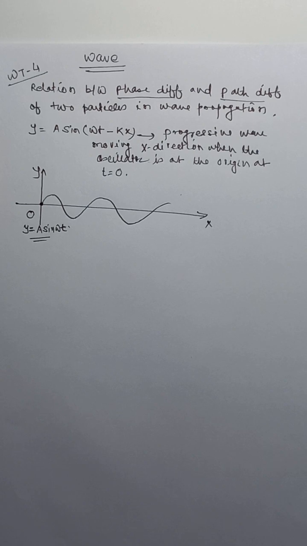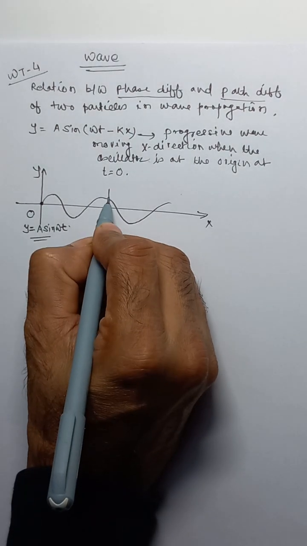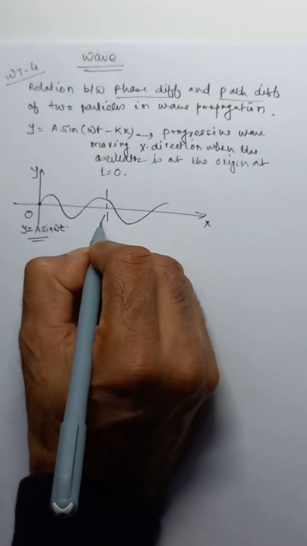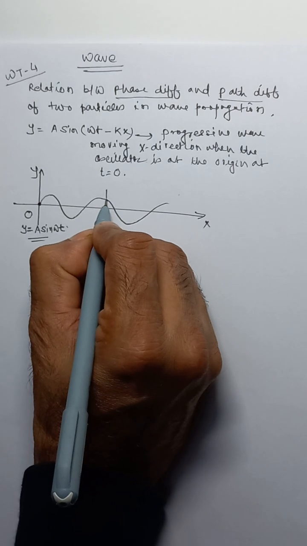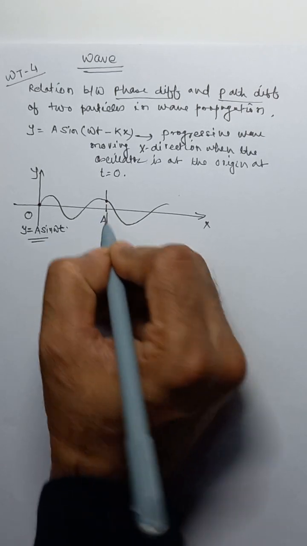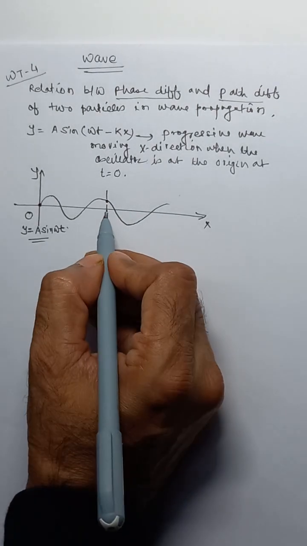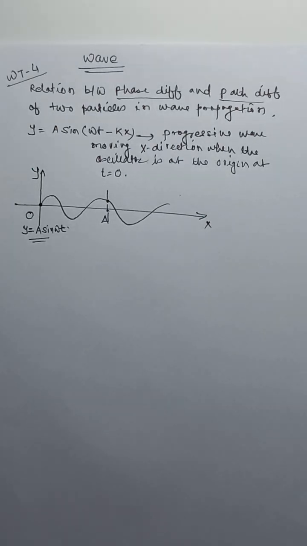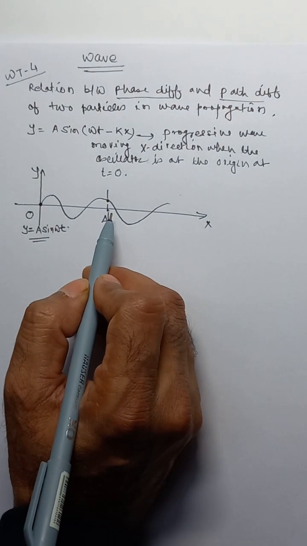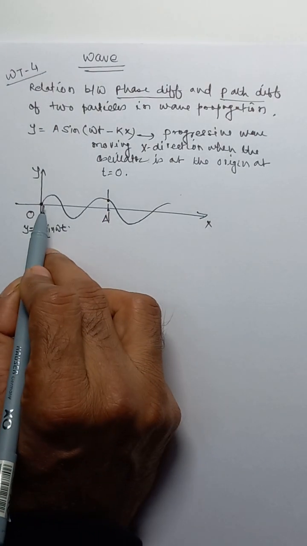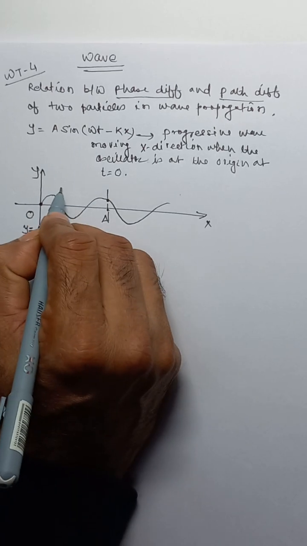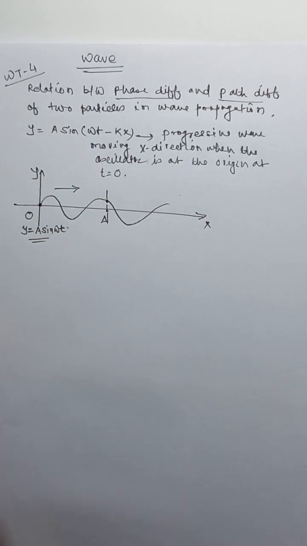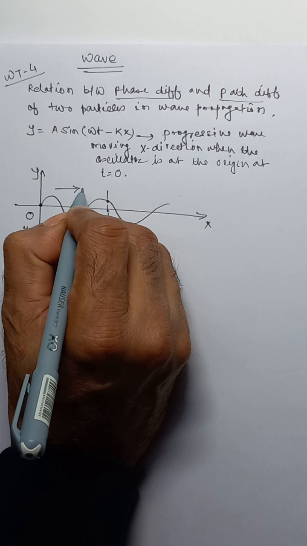If we consider any point A, say this is the position A, the particle at A will receive the energy which is traveling from O in the positive x direction with speed v.